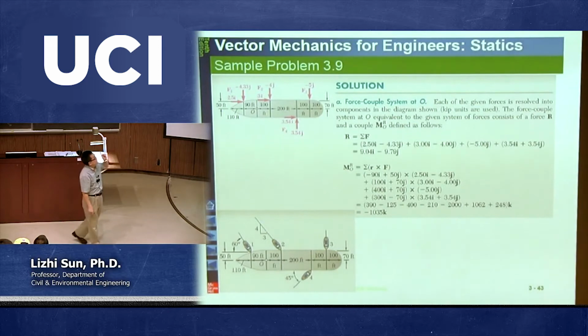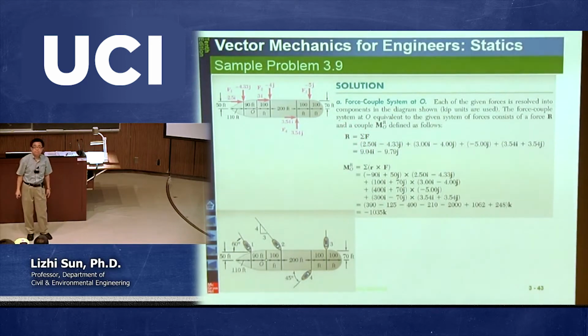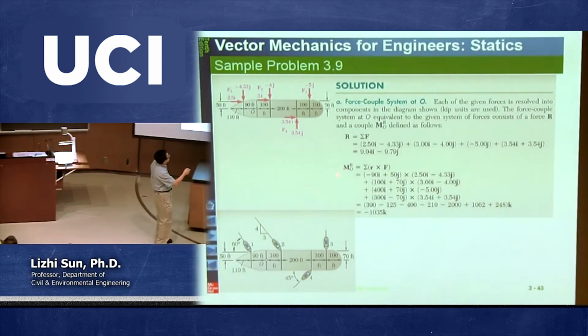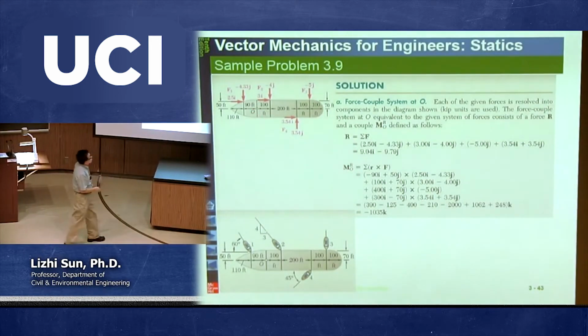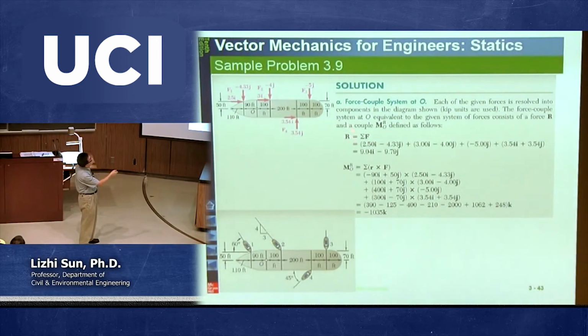Calculating the equivalent force couple system at point O with respect to the resultant force, which is here. Any questions? Okay. Now, second, we need to calculate the resultant moment at point O. And by the way, when we talk about the resultant force at point O, in reality the result is independent of that point.